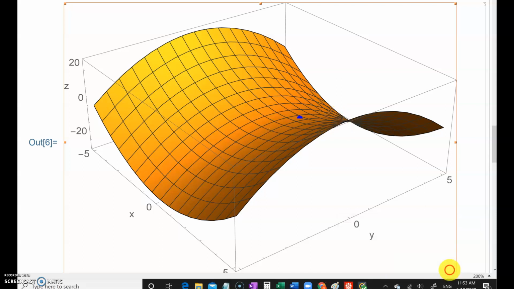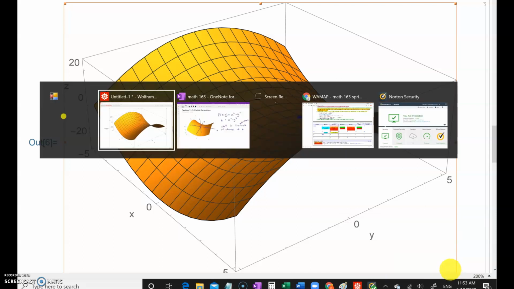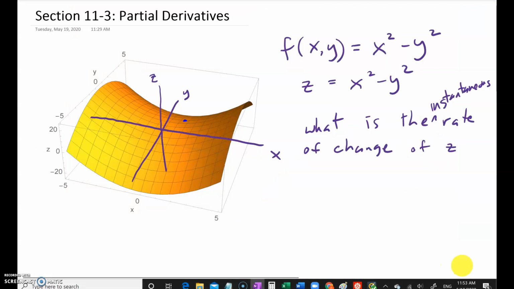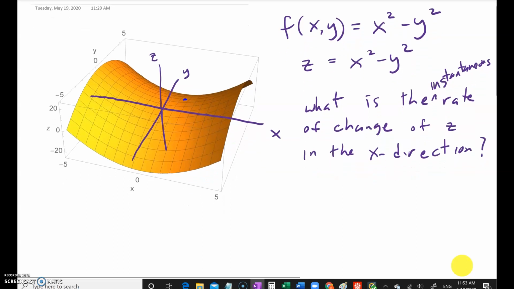And so we have to ask the question not only what is the rate of change, instantaneous rate of change of z, we have to ask in the x direction. Okay, so the notation for this, there's a couple notations I'll use.